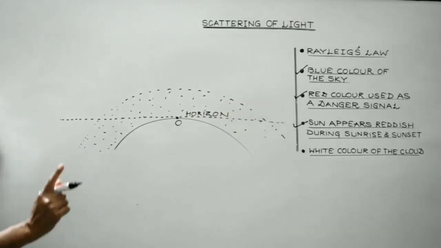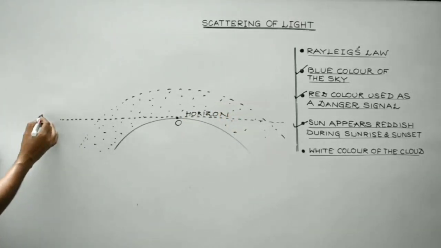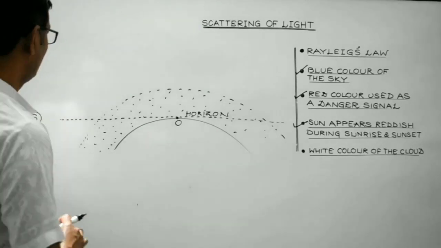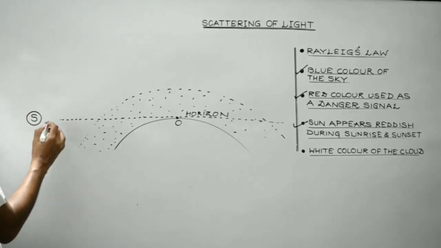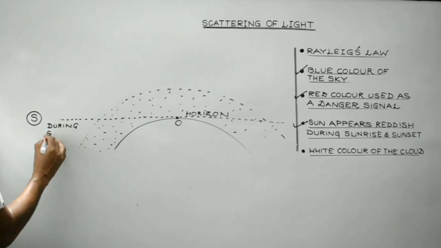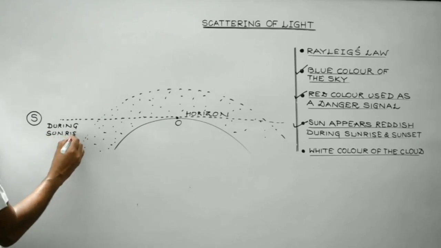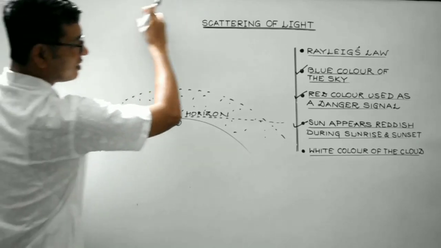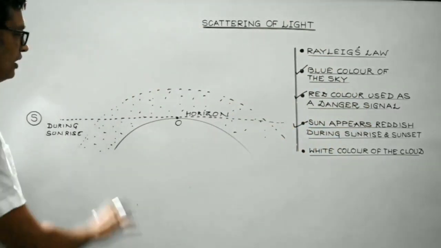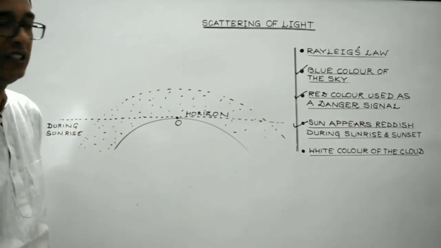So during sunset or sunrise, the sun is near the horizon, like this. Sun is at a faraway distance, so therefore it is shown smaller, right? So this is the sun, near the horizon, during suppose sunrise. And during sunset, the sun would be at this particular position, again near the horizon, right? So let's consider one of the two positions.